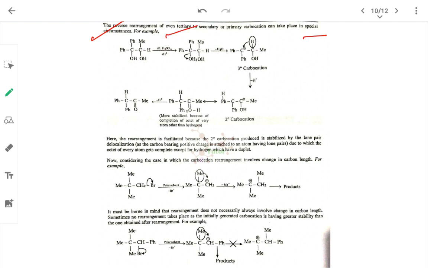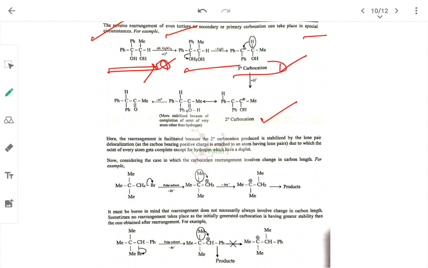For example, this molecule is attacked by dilute H2SO4 or H+, and there forms a carbocation, that is a 3 degree carbocation, stable, but a 1,2 hydride shift occurs and forms a 2 degree carbocation.